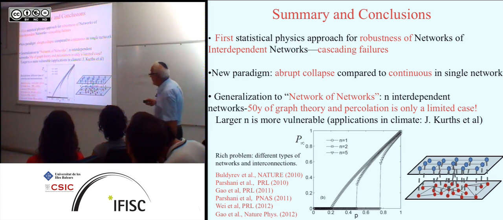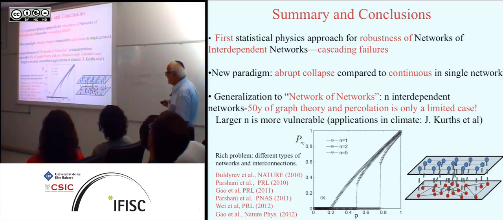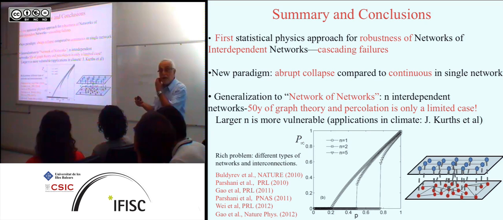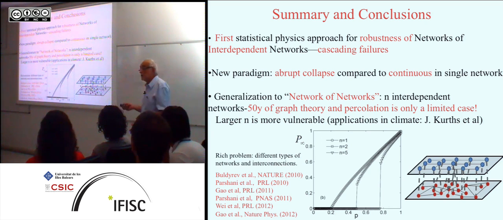So I will stop here, but just to tell you that the program is very rich. I didn't tell you, for example, that all the talk was on random networks, but what happens if you have features in the network, like clustering, correlation, or if the networks are embedded in space? The results are also very different and very rich.